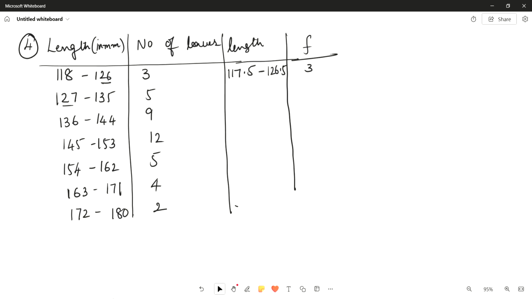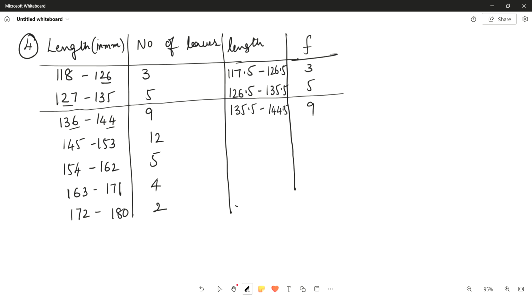Here 127, if you subtract 0.5 you will get 126.5. Here you will get 135.5. So it is 5. Again here 136 minus 0.5, it is 135.5. Here if you add 0.5, it is 144.5. And frequency 9, keep it as it is.